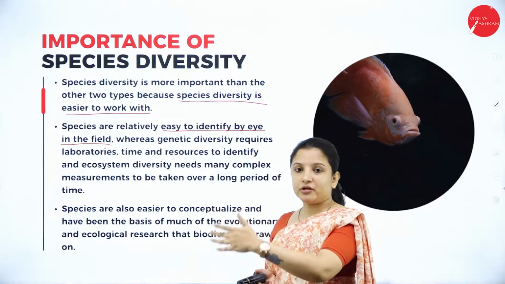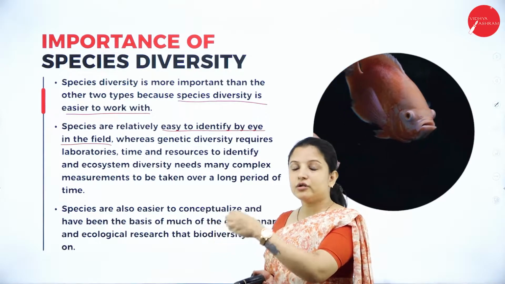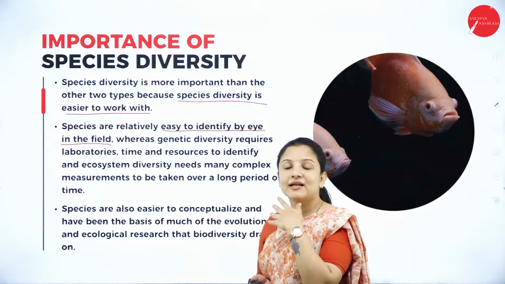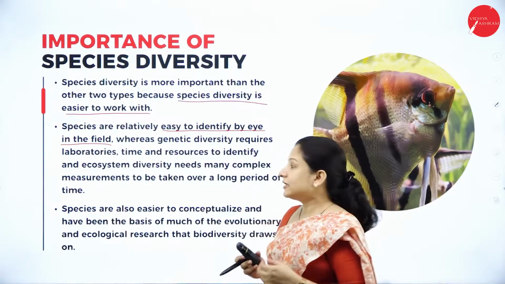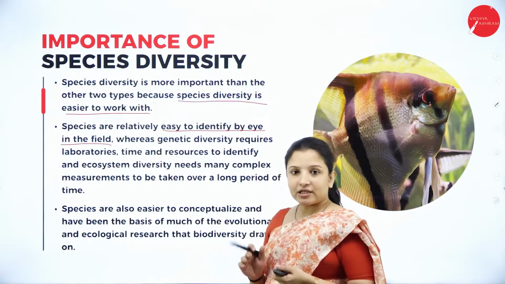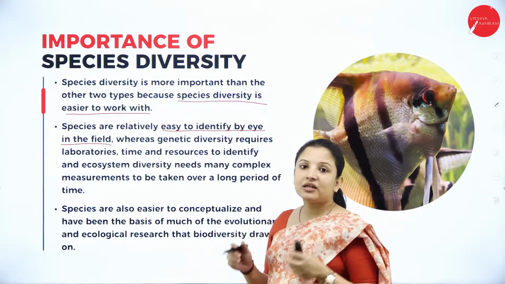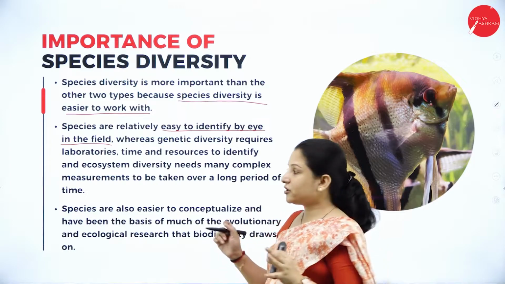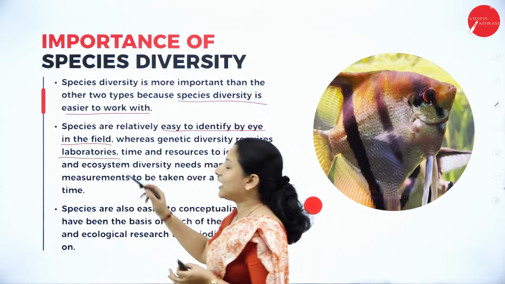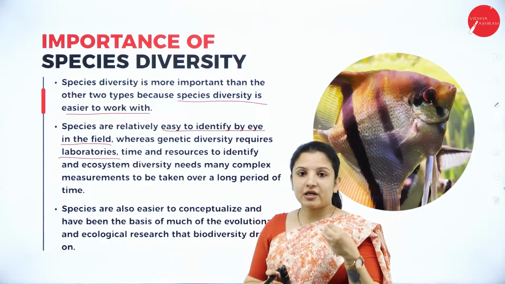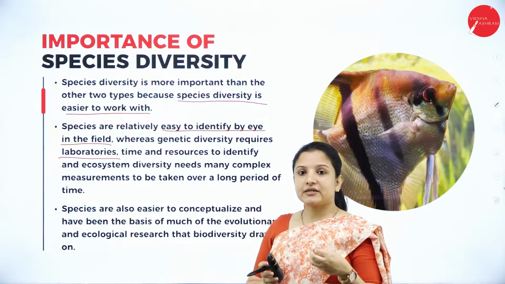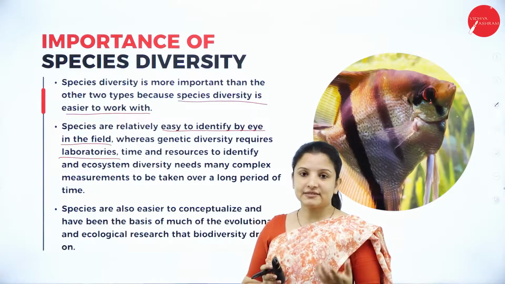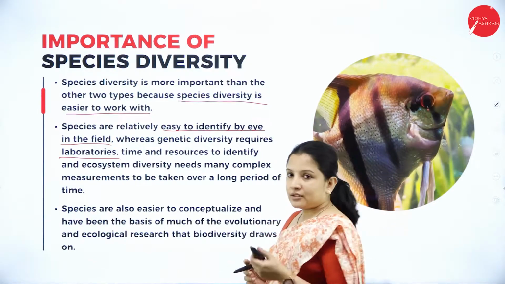When you look at a leopard, you say it is a leopard, and when you look at a cat, you can say it is a cat. You can differentiate, right? Just by looking at it. Whereas genetic diversity cannot be differentiated by looking at it. You always need to depend on laboratory equipment or laboratory-related studies for this. So species are relatively easy to observe and study when compared to genetic diversity.